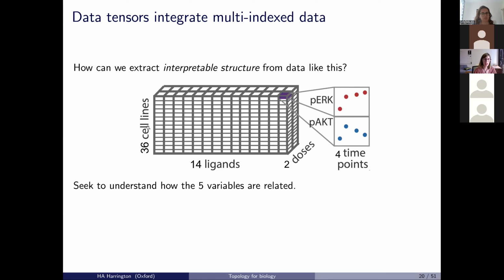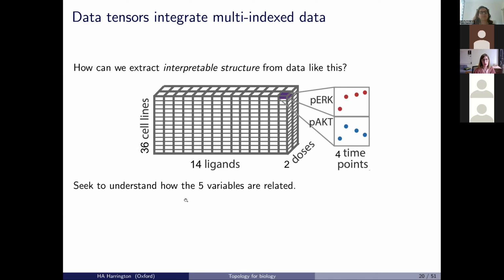So they had 36 breast cancer cell lines. And remember that at least in breast cancer, they know there's certain mutations associated with certain breast cancers. So some of these have mutations in them, but we don't know a priori. So 36 breast cancer cell lines and 14 ligands, and these are signaling molecules, and then different doses of the ligand.